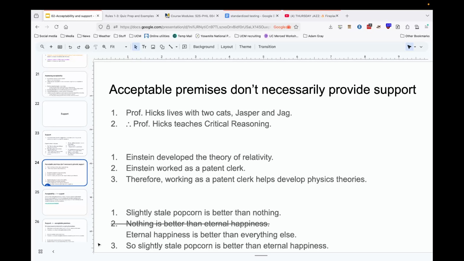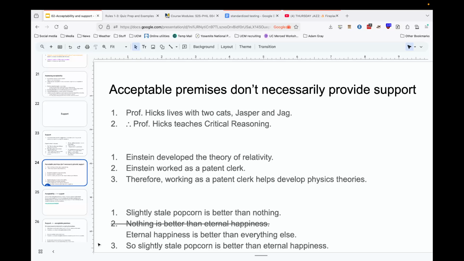Slightly stale popcorn is better than nothing. Eternal happiness is better than everything else. I mean, you don't really get anything in particular from those two premises the way you got this conclusion from the first version of premise 2.